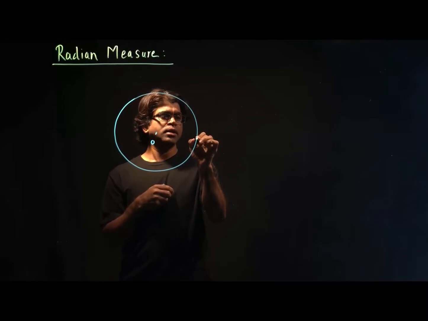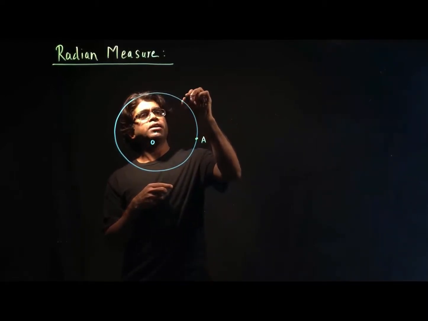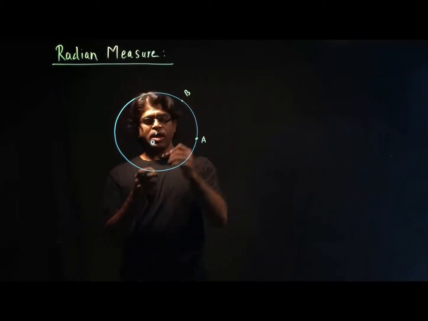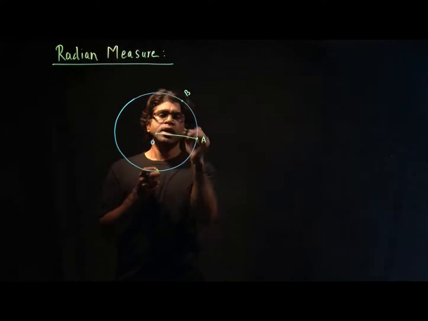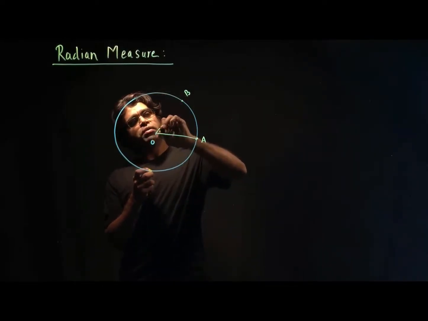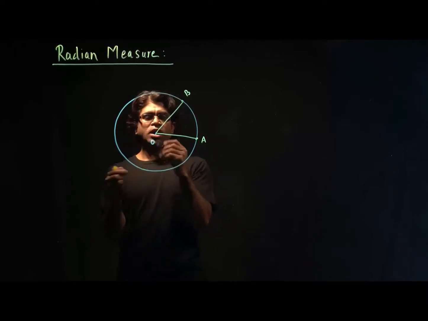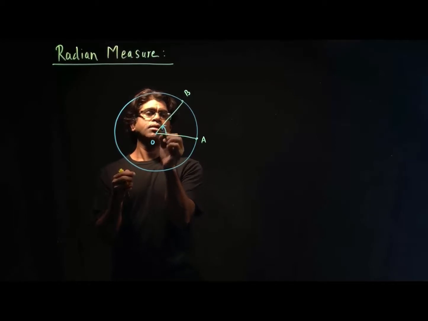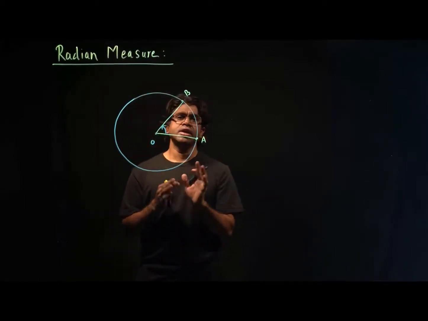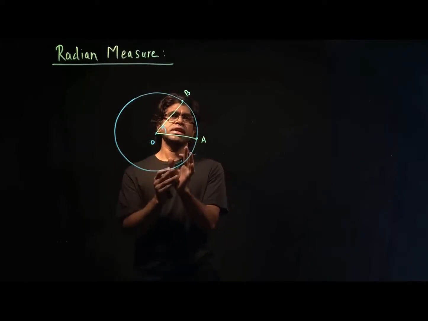This is my point A and this is my point B. And I'm going to connect point O with point A and point O with point B. So as you can see, I got an angle right here, right? Okay, so how do I know this angle is a radian?